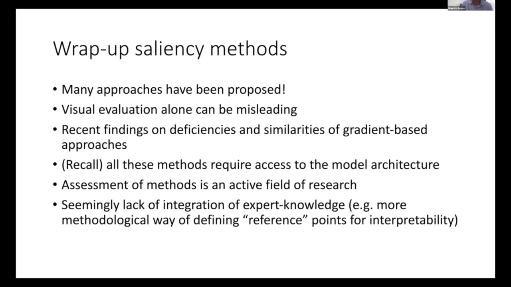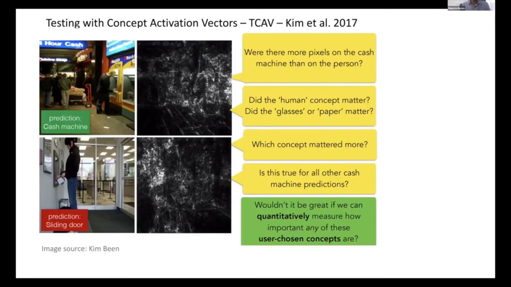Let me show you, to start finalizing, a completely different approach based on concepts. So for example, to motivate this, you have here this image of a cash machine. You see the ATM, but this is accompanied by many other objects. Here you see another, a sliding door.